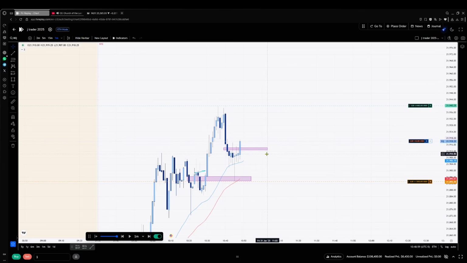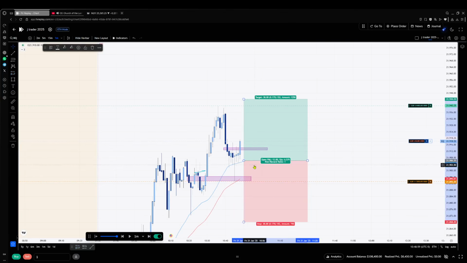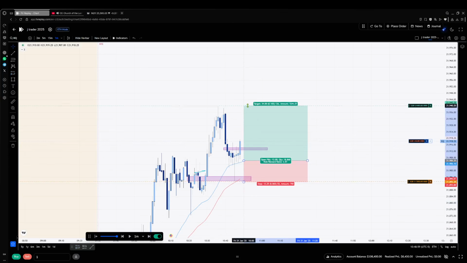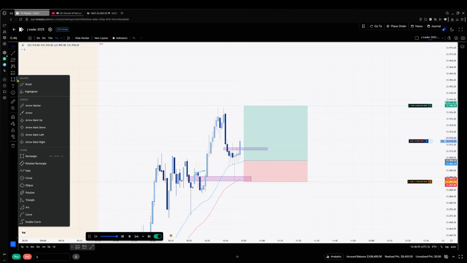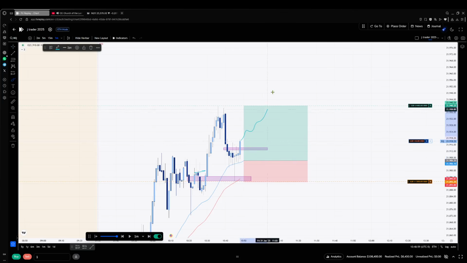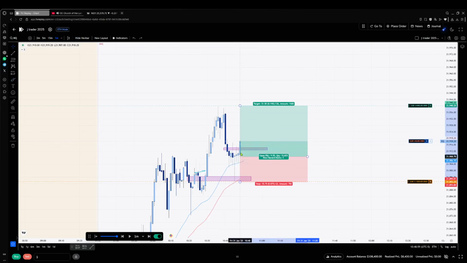Me personally, I take it, but as I told you, you could wait also for a pullback and you will have a better risk to reward. But maybe you can be left without taking the trade. So it depends how you want to play it, but as soon as we have a touch, a rejection, and the flip of the imbalance, you get the position. Now depending on how you want to play it, you get one R or another, you choose.